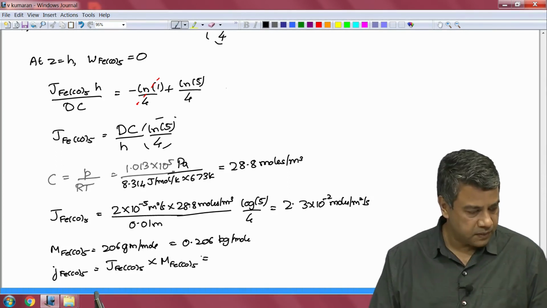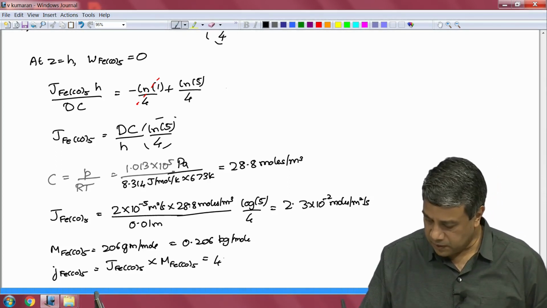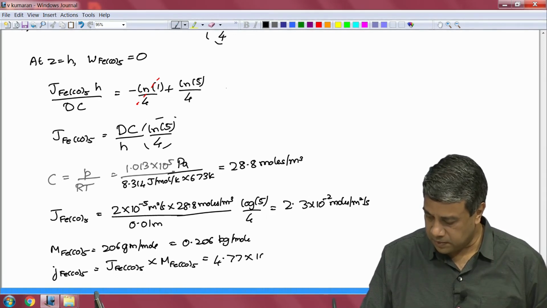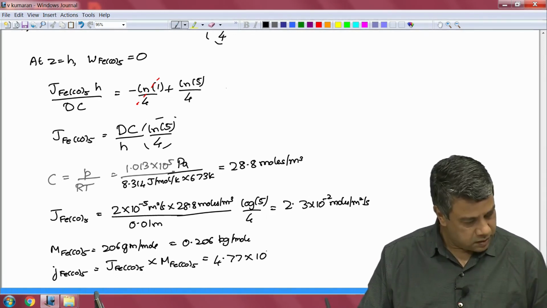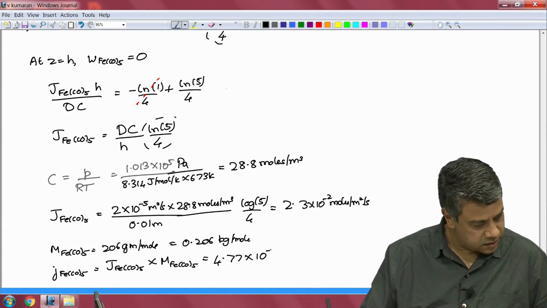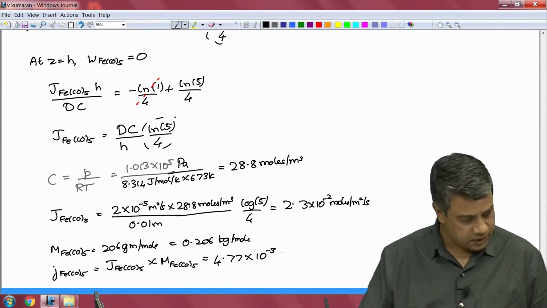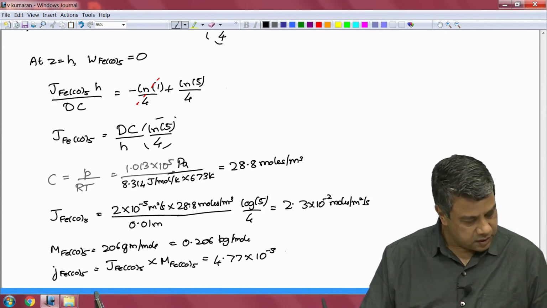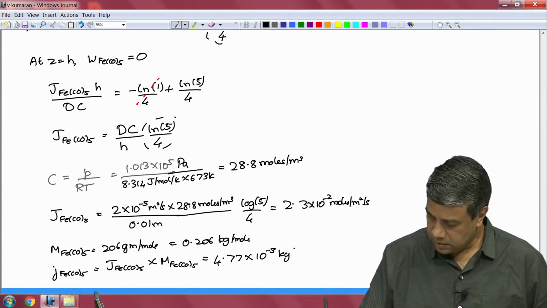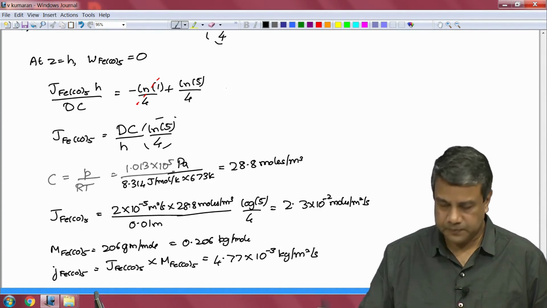And this turns out to be 4.77 into 10 power minus 3 kg per meter square per second.